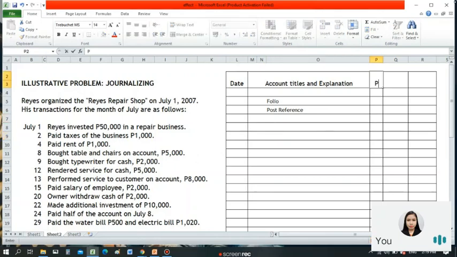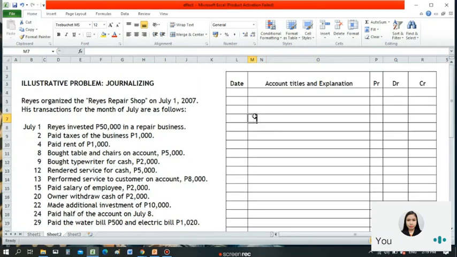We will write PR, meaning the account number of that specific account title. Next are the fourth and fifth columns: the debit amount, and the last one is the credit amount. You can write it as the whole word debit or credit, or use the abbreviations DR for debit and CR for credit.